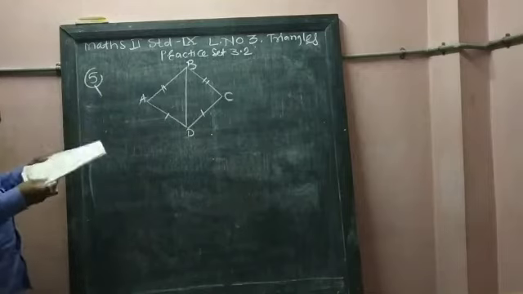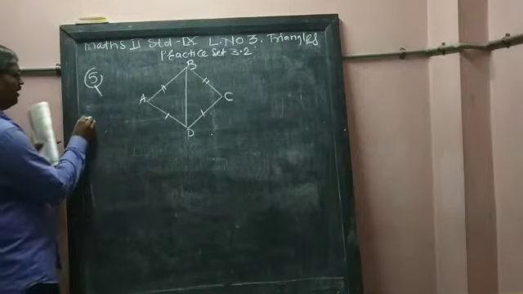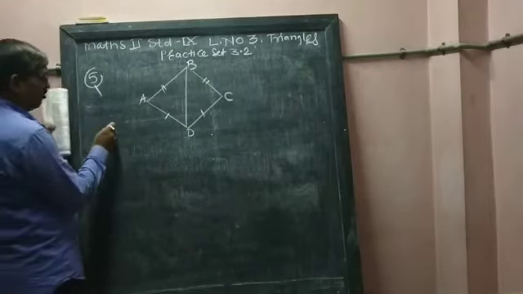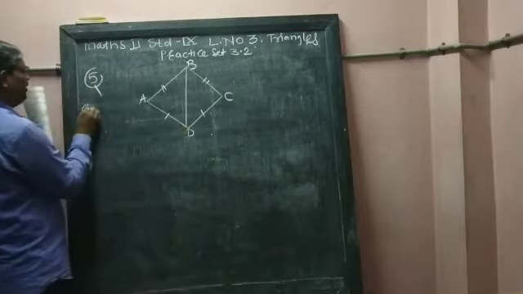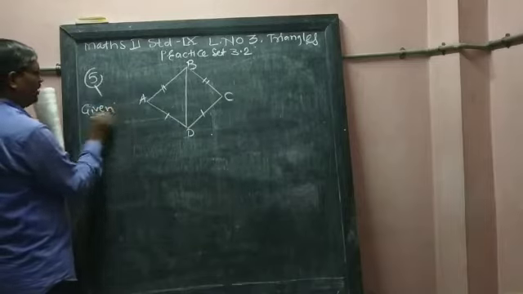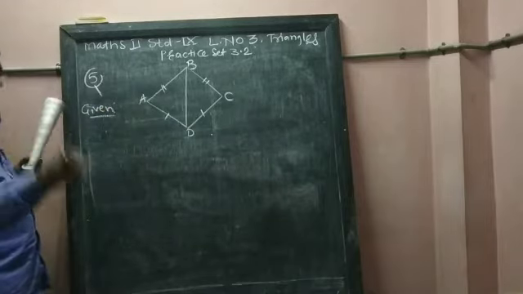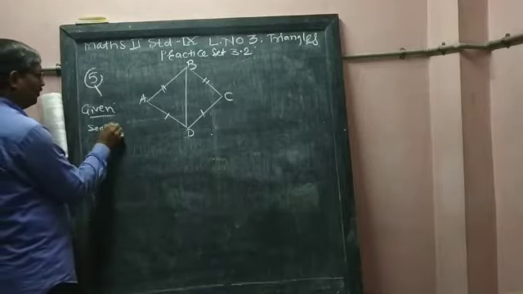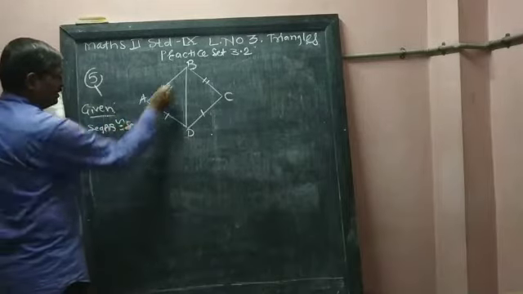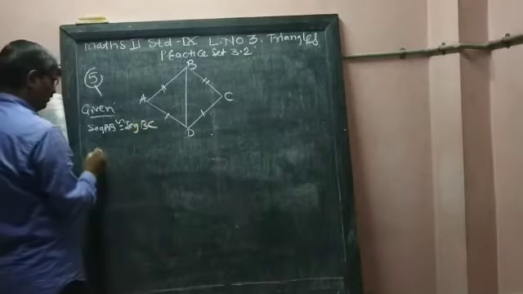Here in triangle ABD, AD is congruent to CD, given. If something is given, then we should write given. In previous questions also you may mention it. What is given? Seg AB congruent seg BC, given.